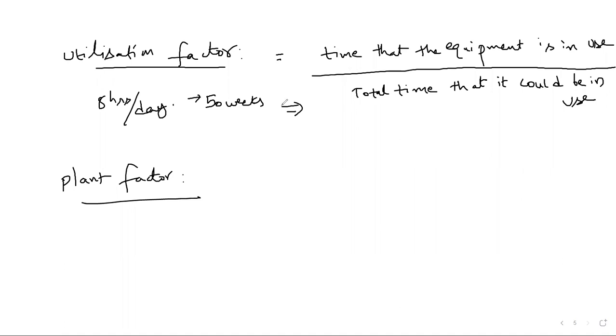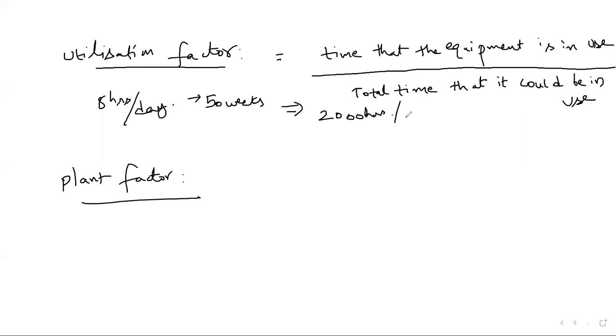What is the hours of operation? Per day it should be 8. Let us take around 2000 hours. Total 2000 hours we are utilizing, right? Per year.